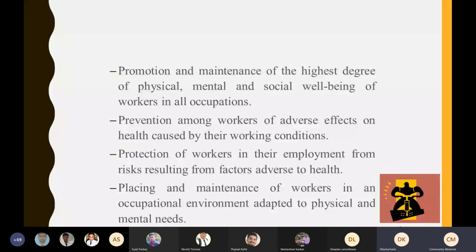What we require is the complete physical, mental and social well-being of the workers, and prevention among workers of adverse effects on health caused by their working conditions. While people are involved in different types of occupation, there might be an unsuitable environment.